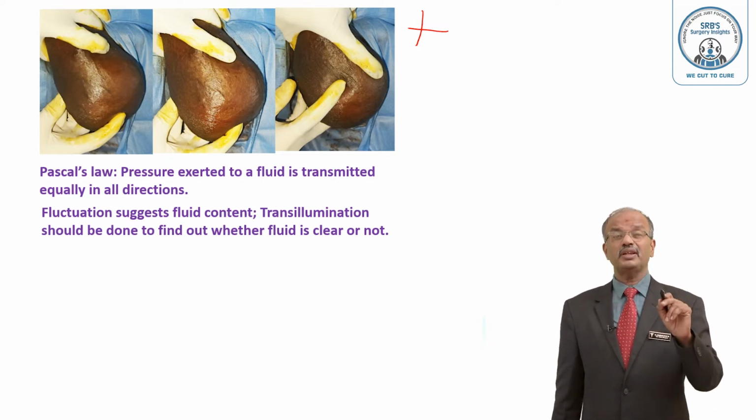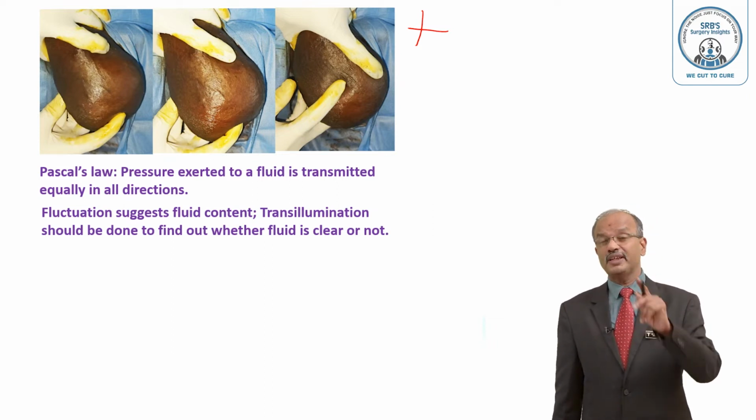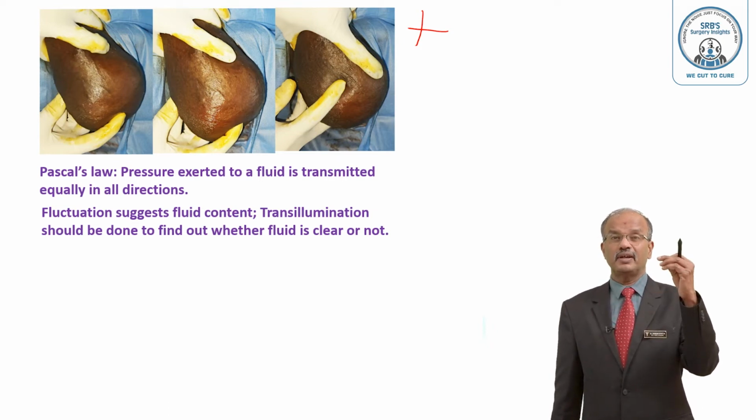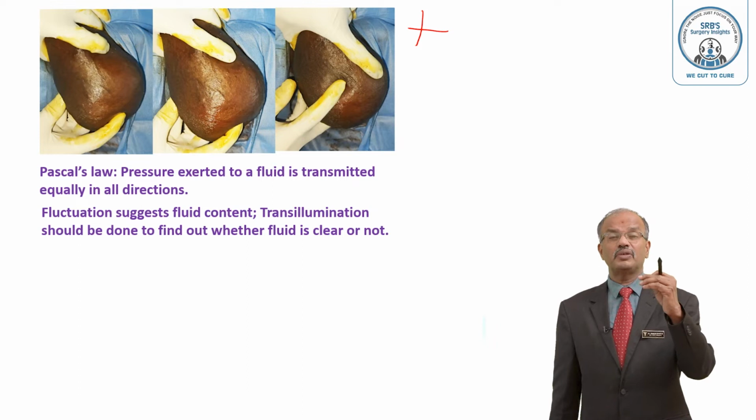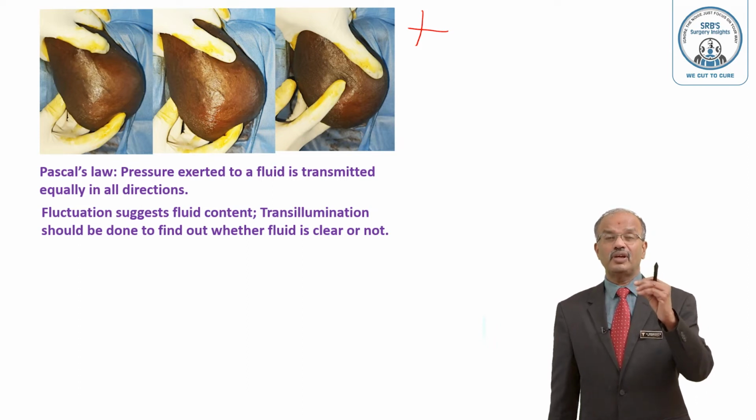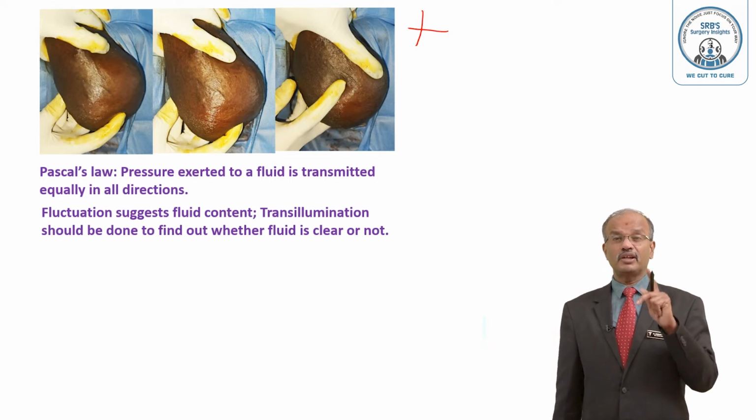Once it is cystic, you always have to do transillumination. The next test is transillumination. Focus the light over the swelling with a pen torch, and if it illuminates, that means the content, which we thought was cystic because of the fluctuation test, is trans-illuminant, meaning it contains clear fluid.